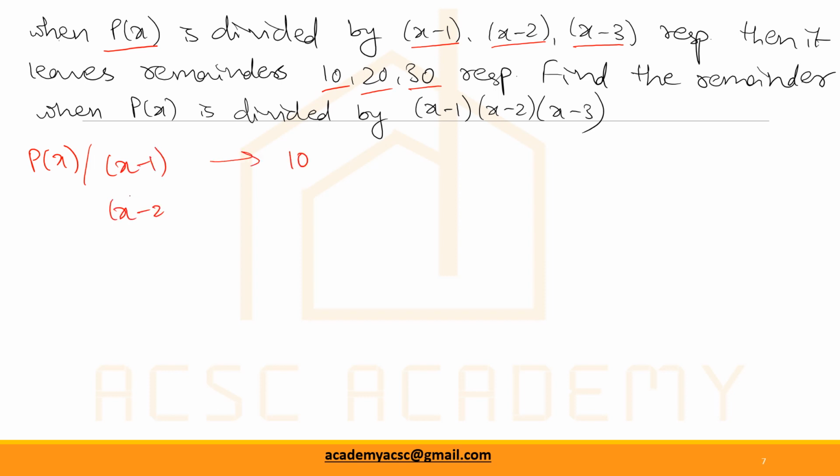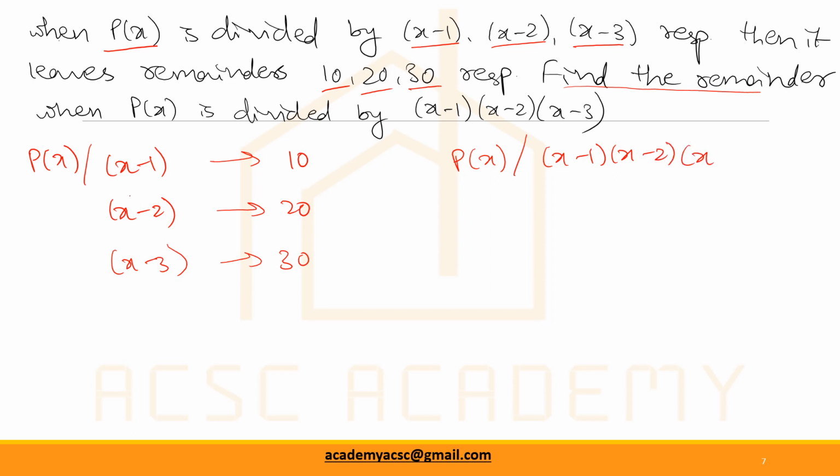With x minus 2, the remainder will be 20, and with x minus 3, the remainder will be 30. What are they asking us? Find the remainder when p of x is divided by the product of all the three, x minus 1, x minus 2, x minus 3.